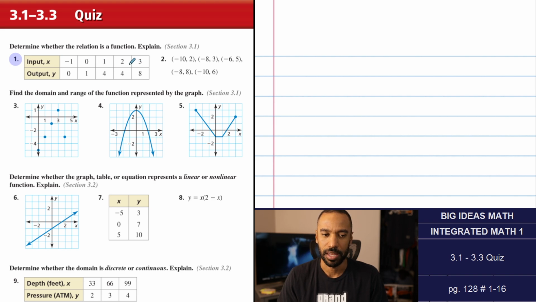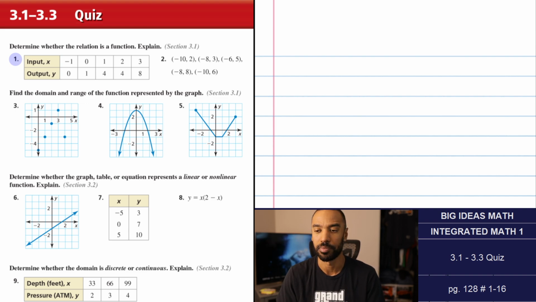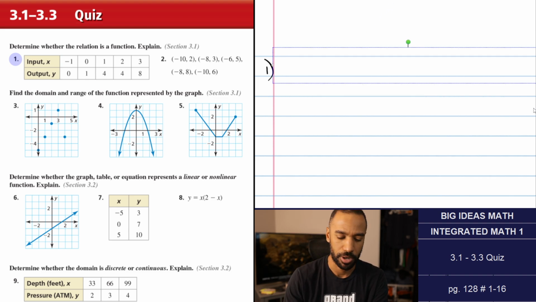No x's repeat. And if no x's repeat, then that probably means it's a function, because I would need to have a repeated x value, let's say -1, if this were a -1. If these are both -1s, then I'd have different y values for the same x value, which is something a function is not allowed to have. That's its very definition. So this one actually is a function on number 1 because every input has exactly one output. That's what we're looking for. Every input has exactly one output.